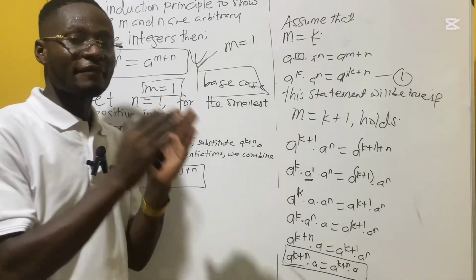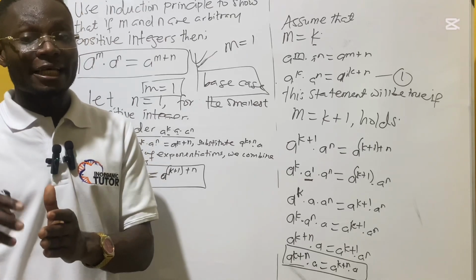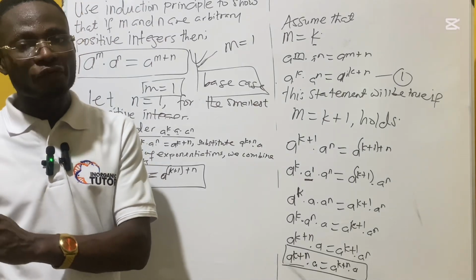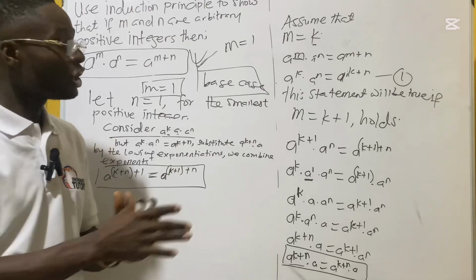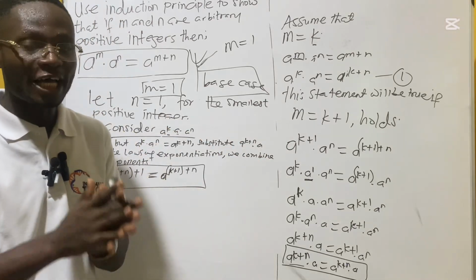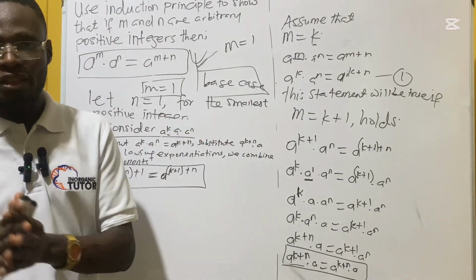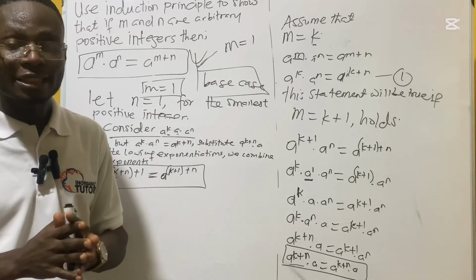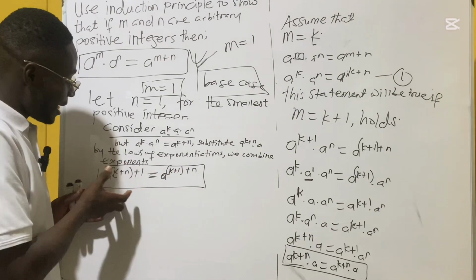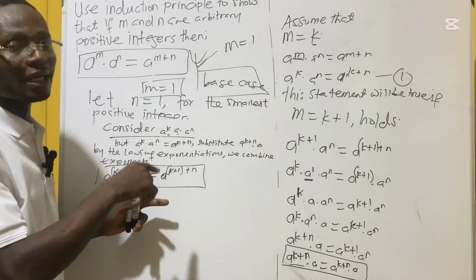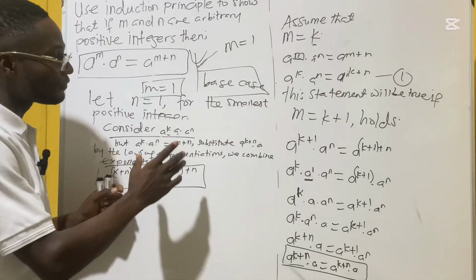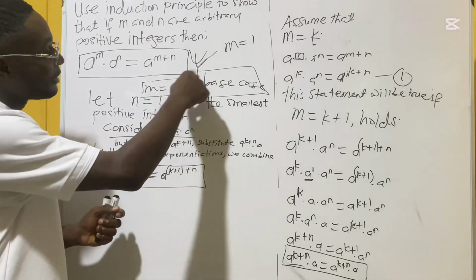If m is equal to 1, then it will also hold for m equal to k plus 1. So you do this substitution, combine the terms, use your exponent laws, and combine the exponents, and you realize that a^(k+n+1) is equal to a^(k+1+n). And this holds for the given statement.